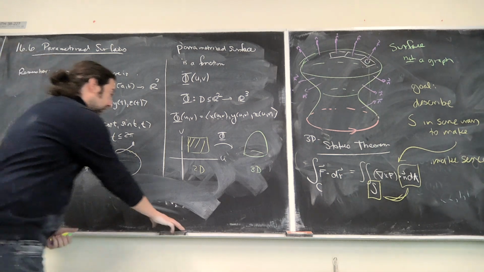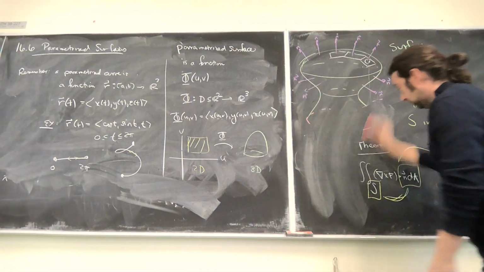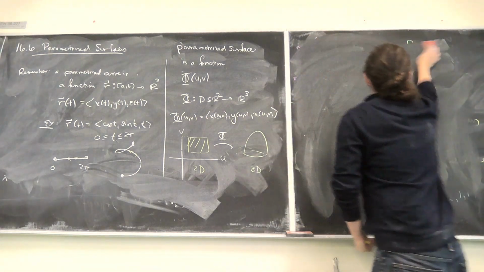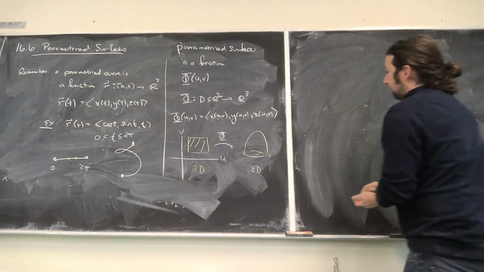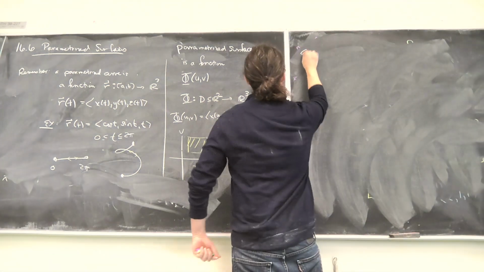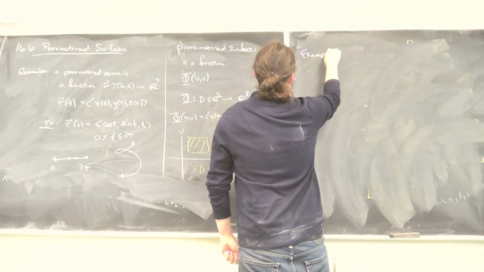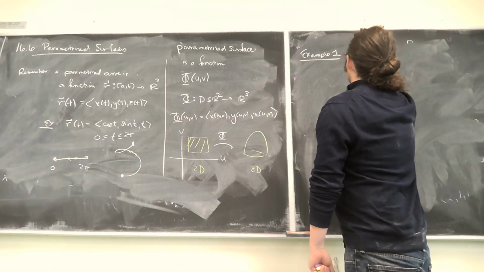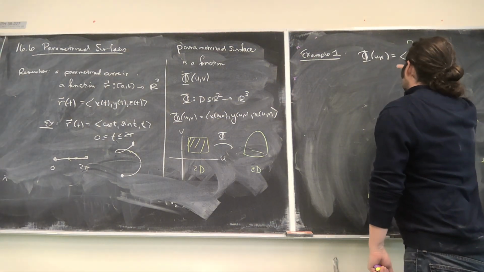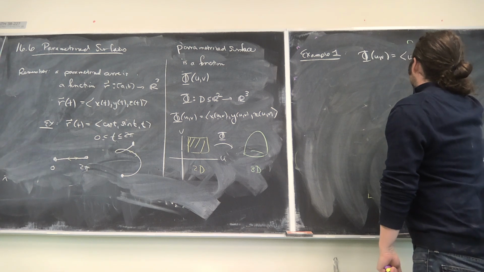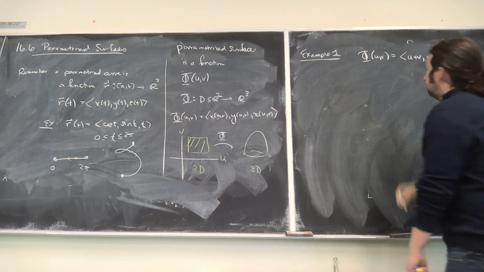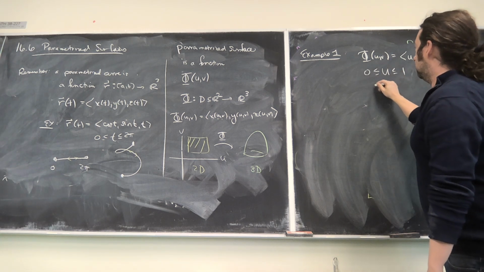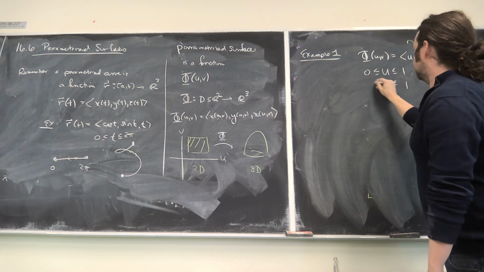Right, so let me give you some examples of how this works. Okay, so here's example 1. I give you Phi of u and v equal to (u plus v, v, v), where u runs from 0 to 1 and v runs from 0 to 1.